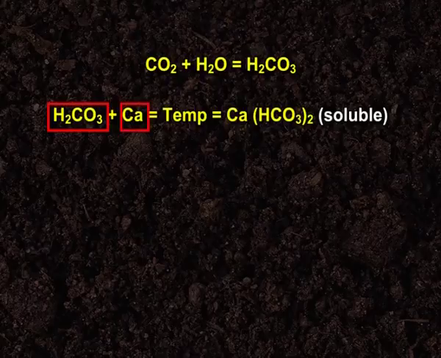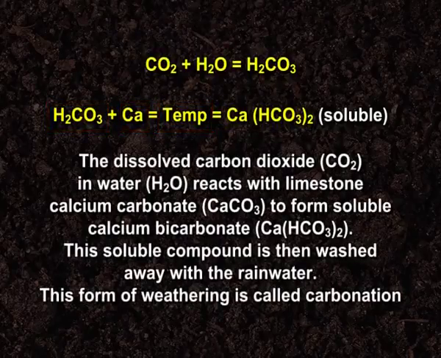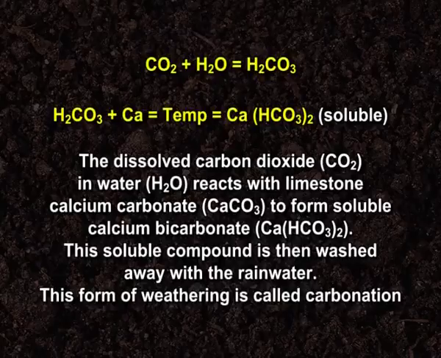Carbonic acid plus calcium in the presence of temperature gives rise to calcium bicarbonate, which is soluble. The dissolved carbon dioxide in water reacts with limestone, calcium carbonate, to form soluble calcium bicarbonate.